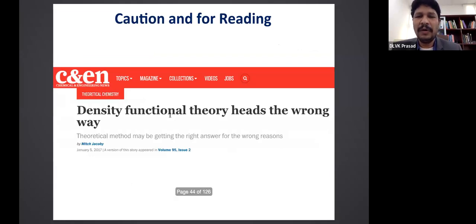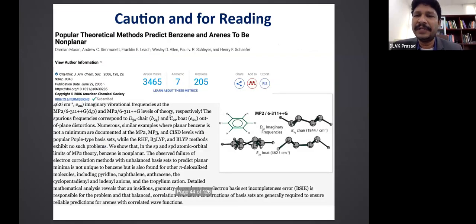Okay, so I will show you one simple example here. Caution and for reading, that's what I want to highlight here.